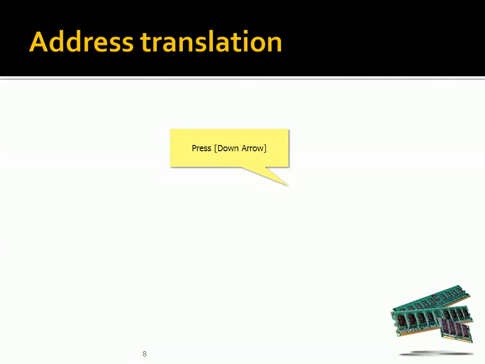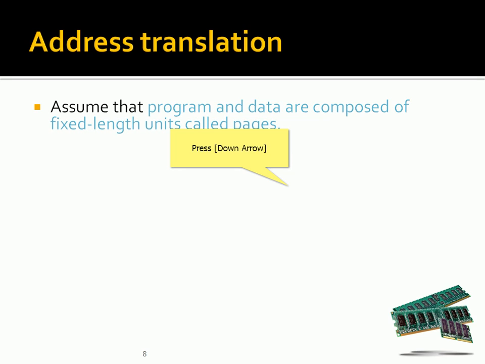Having understood this concept, the address translation mechanism is going to be discussed in the subsequent slides. In address translation, we have seen that the processor will provide a logical address or virtual address. This address needs to be converted into a physical address. Assume that program and data are composed of fixed length units called pages, right?